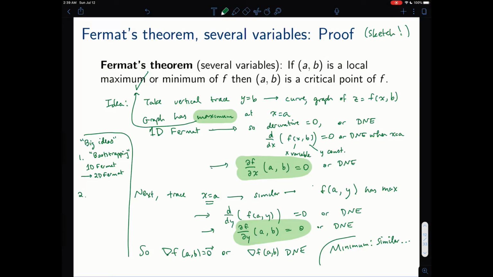But maybe what's more interesting than that is the idea of slicing for dimension reduction. I wanted to highlight it because this is a major idea that is illustrated pretty nicely in this proof.